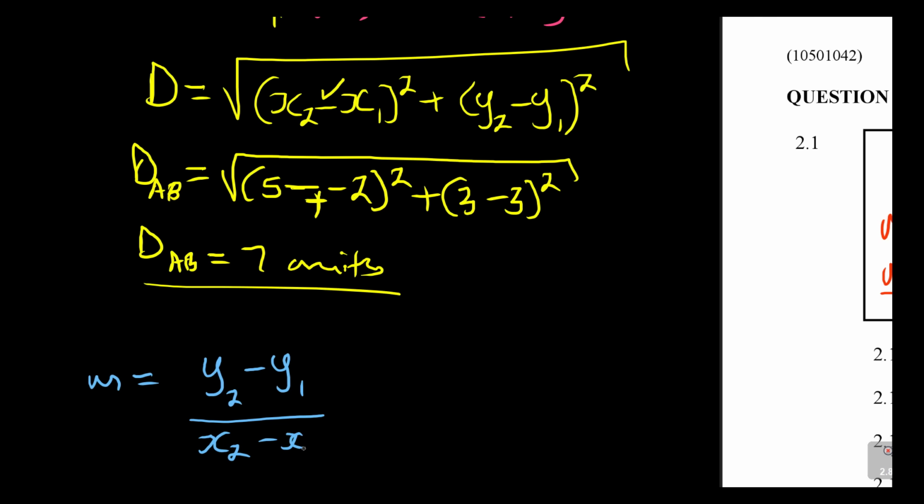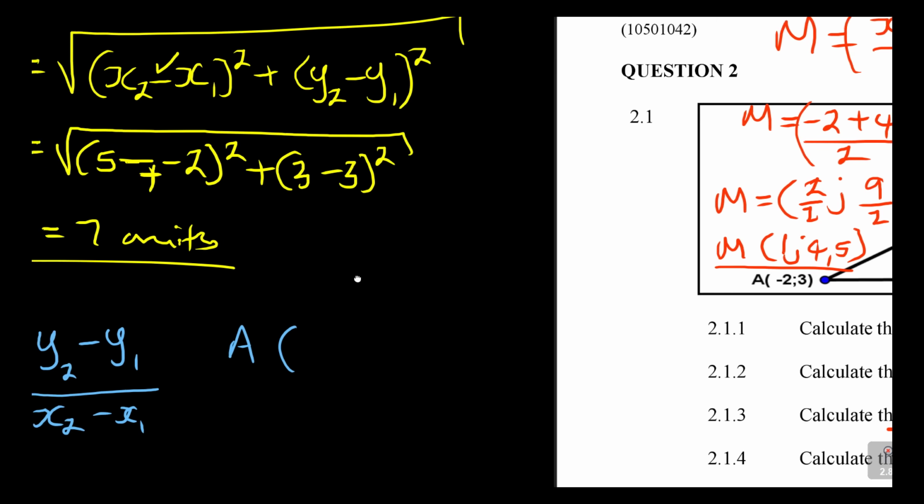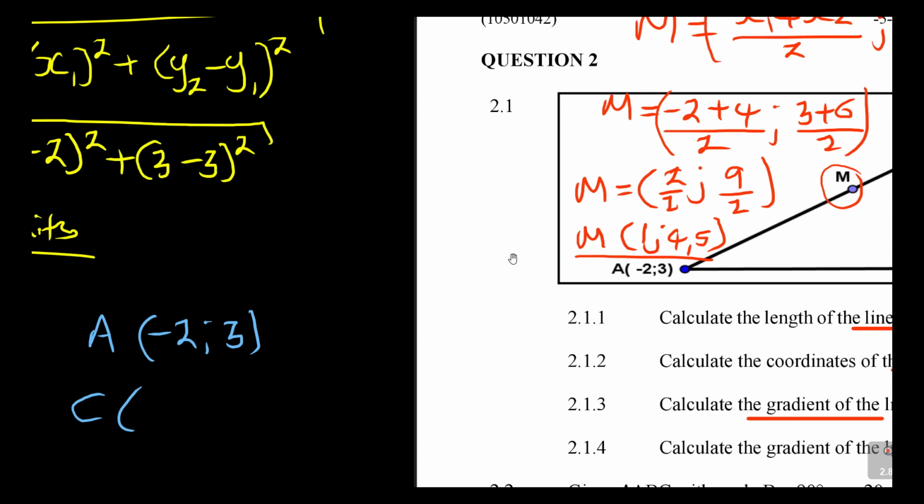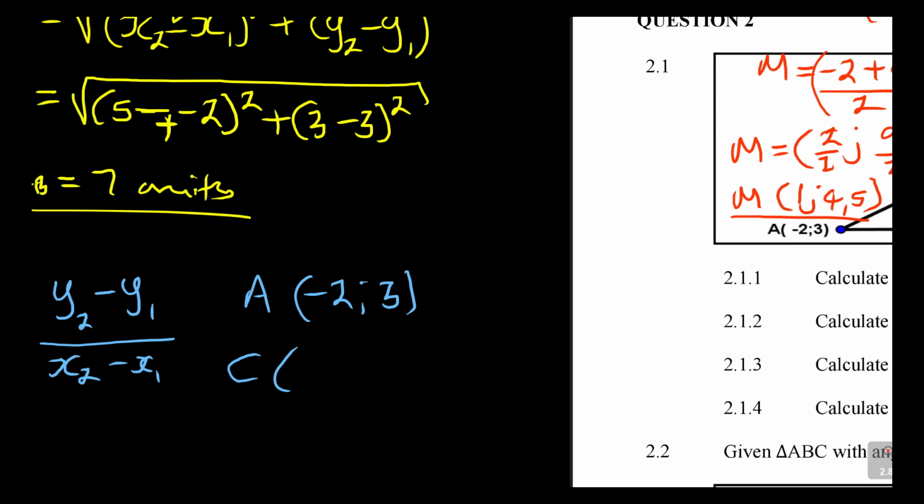So the aim here is to say what are the coordinates, what is your A. In this case they said AC, am I right, which is negative 2, 3, and then the coordinates of C is 4, 6.